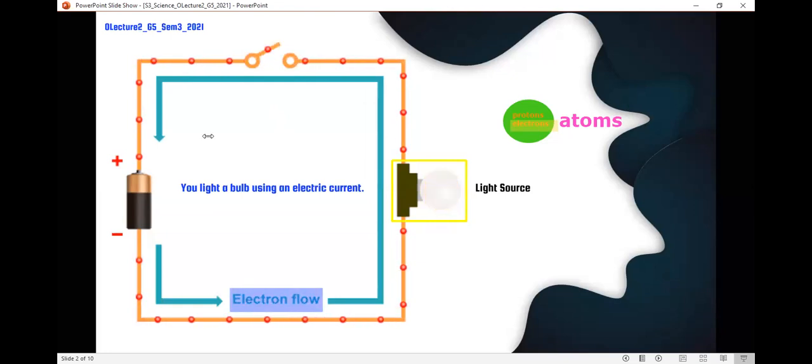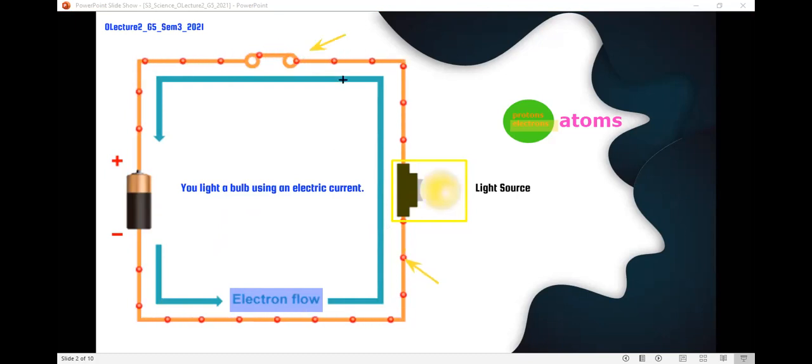Here is the electron flow. Electricity happens when electrons, which have a negative charge, move in a circuit. They use the wires. These lines are called the wires. They use them to move inside them. This is a wire. Okay?